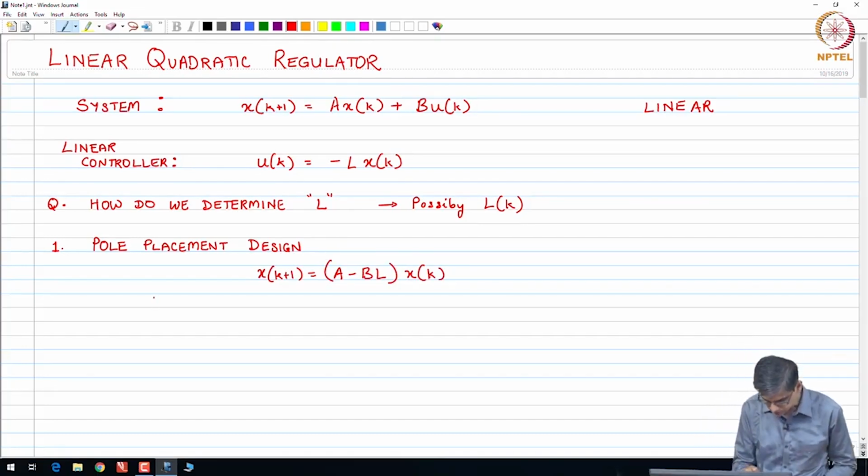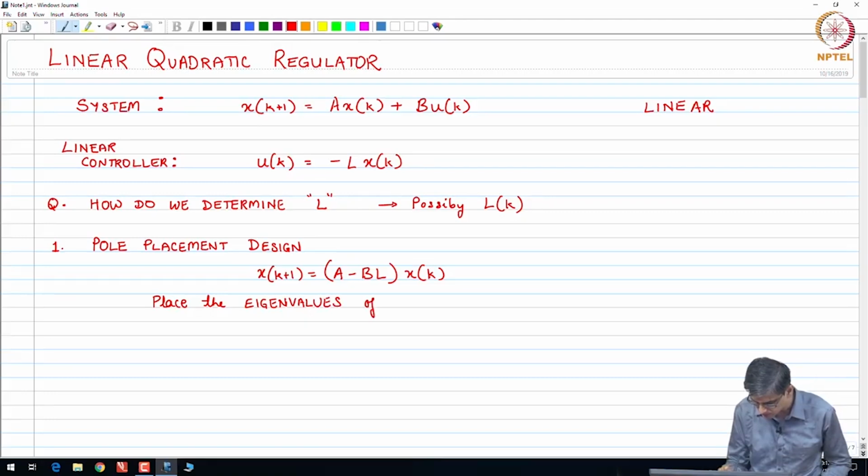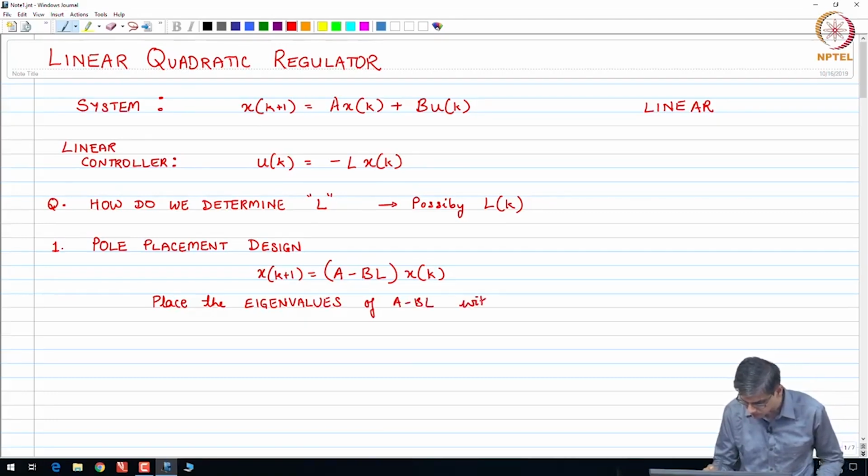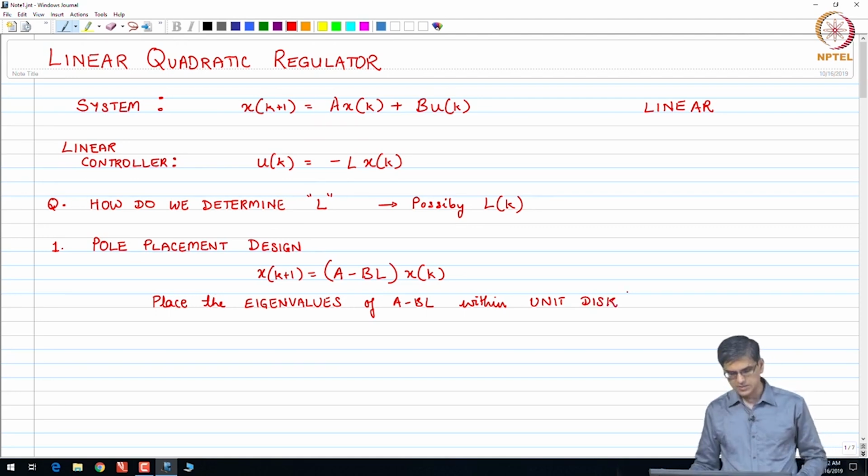So, place the eigenvalues within a unit disk, okay. That is for stability, you can place them anywhere in the unit disk, okay. Question is where to place them, okay?